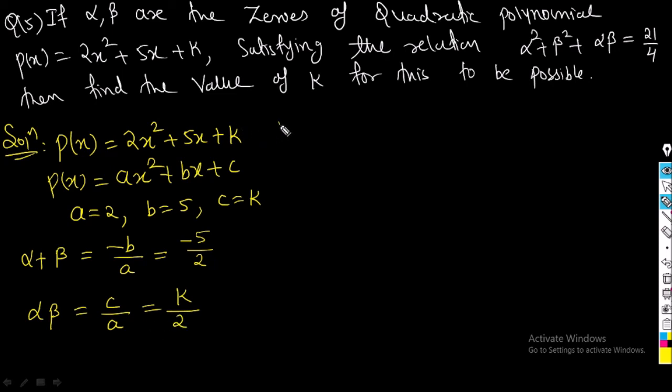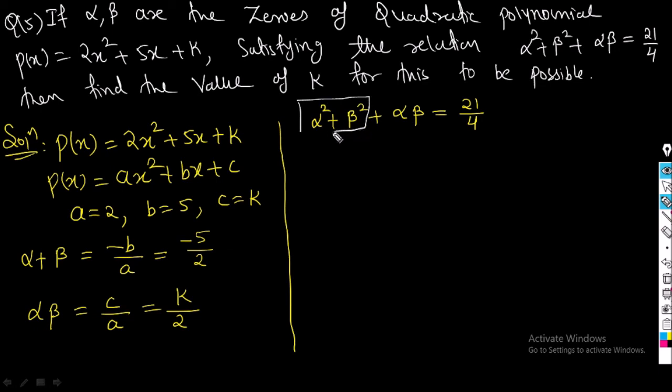Next they have given an equation: alpha square plus beta square plus alpha into beta is equal to 21/4. But you already know the identity of alpha square plus beta square.